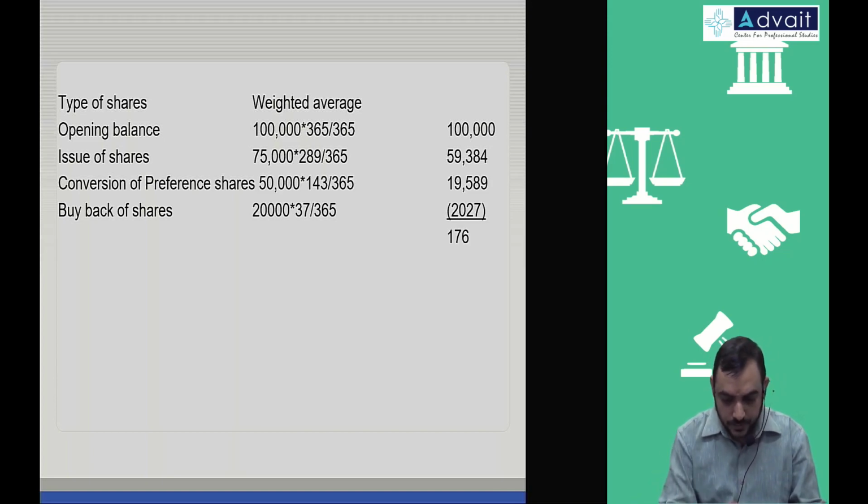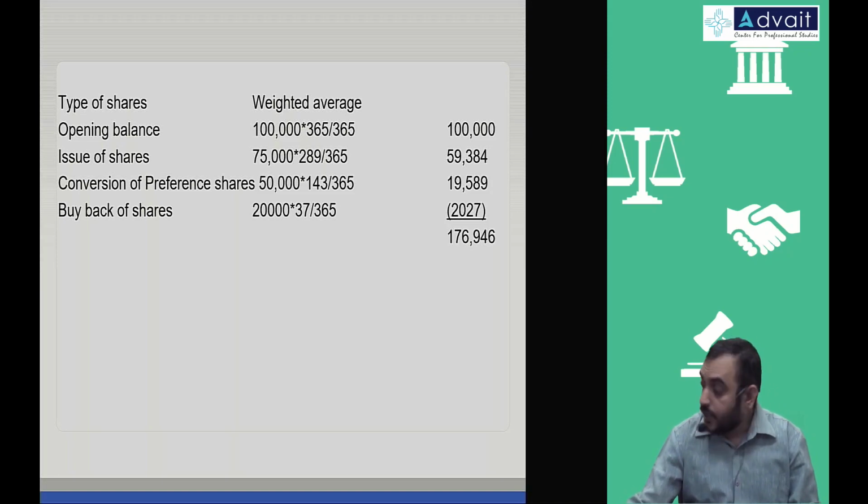Lakh 76,946. That is the weighted average number of shares for the purpose of computation of EPS.